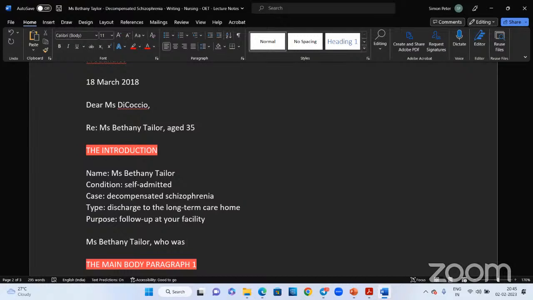So Miss Bethany Taylor, who was admitted to the hospital with, who was admitted. This is more important. Miss Bethany Taylor, comma, who was admitted to the hospital with decompensated schizophrenia.